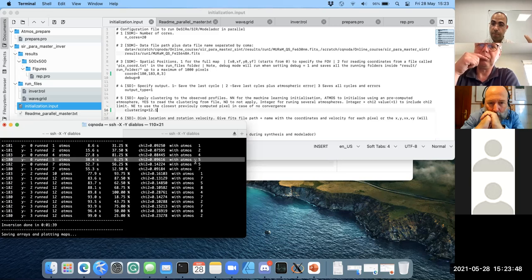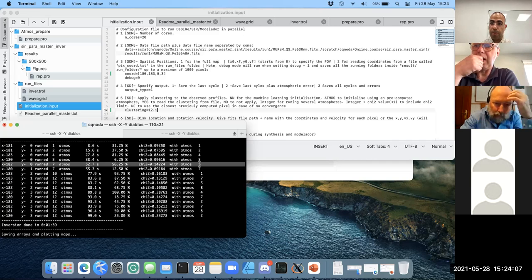And from the 5 inversions that we ran, SER had the best chi-square in the pixel 5 as well. But in this case, we reached the threshold for Stokes I in the inversion 7, but the best global chi-square is in pixel 5.